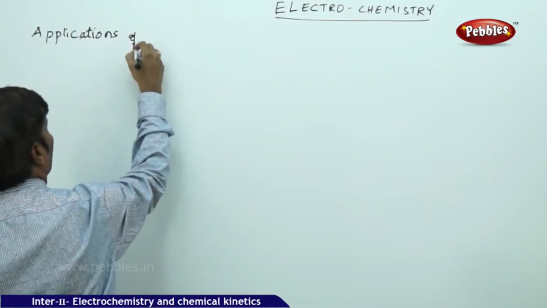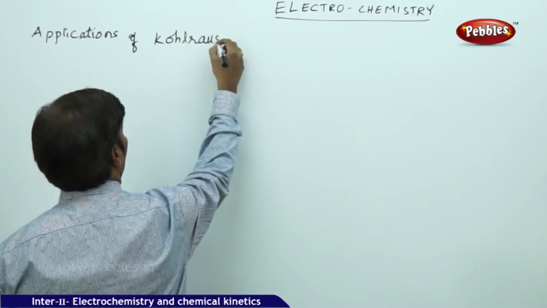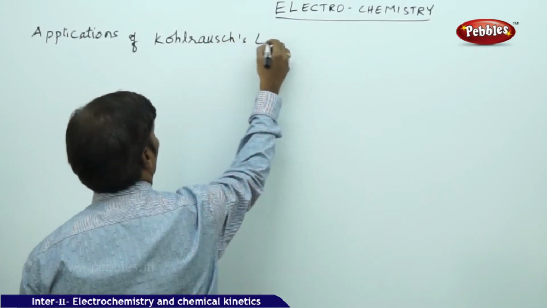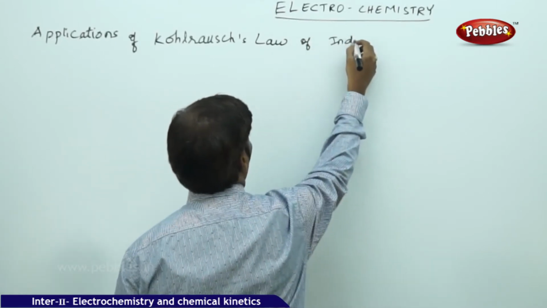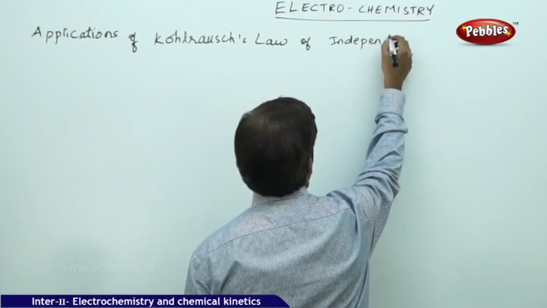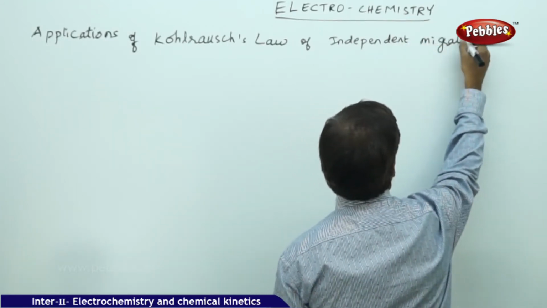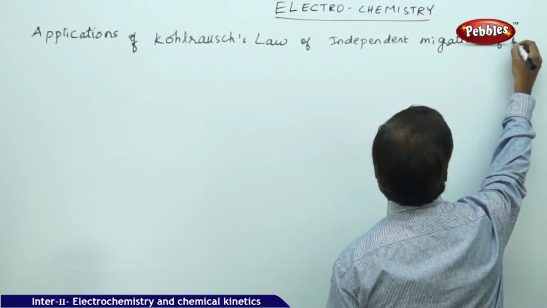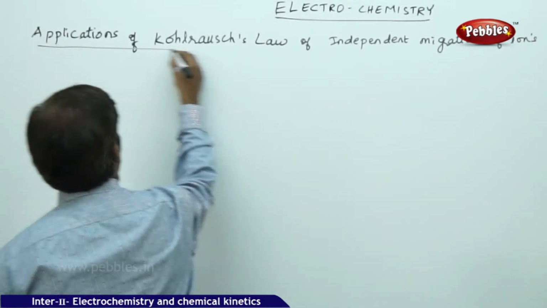Next part of the discussion: applications of Kohlrausch's law of independent migration of ions. There are 4 important applications.